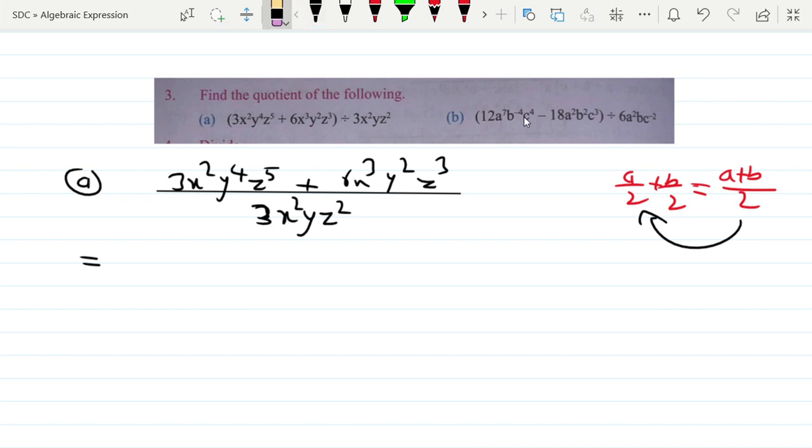These two terms get separately divided by the denominator, which is a single term.